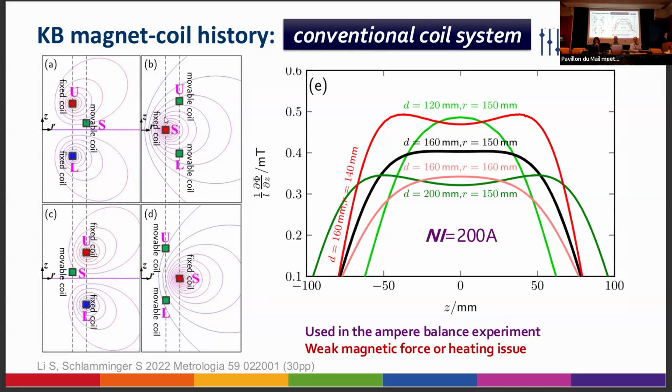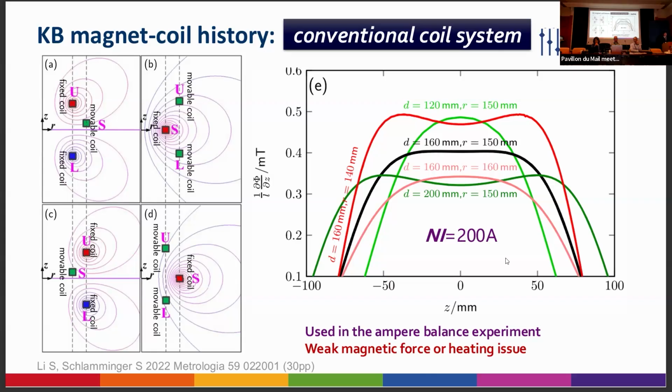Or you do the opposite: you have a single coil with some current, and a double coil with opposite connection to generate the force. And of course, you can swap the positions of the fixed and movable coils.